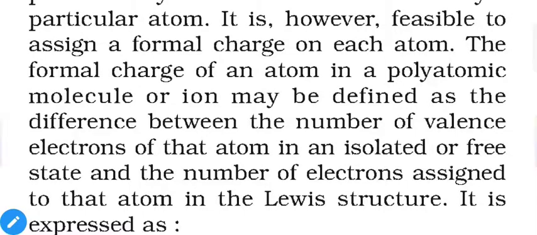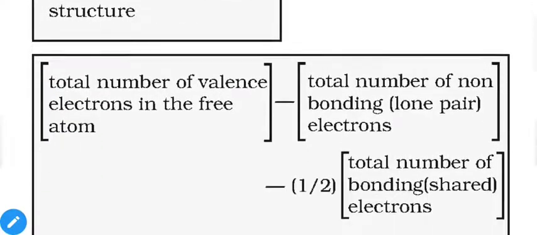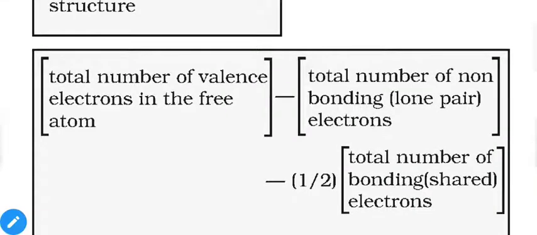It is expressed as: formal charge (FC) on an atom in a Lewis structure is equal to the total number of valence electrons in the free atom, minus the total number of non-bonding electrons or lone pair electrons, that means electrons which are not part of bonds, minus 1 by 2 the total number of bonding or shared electrons.